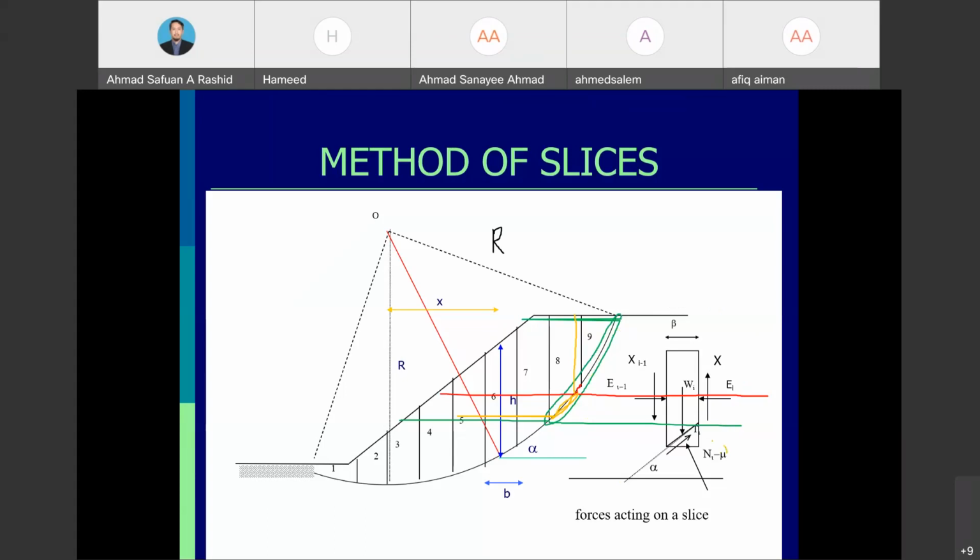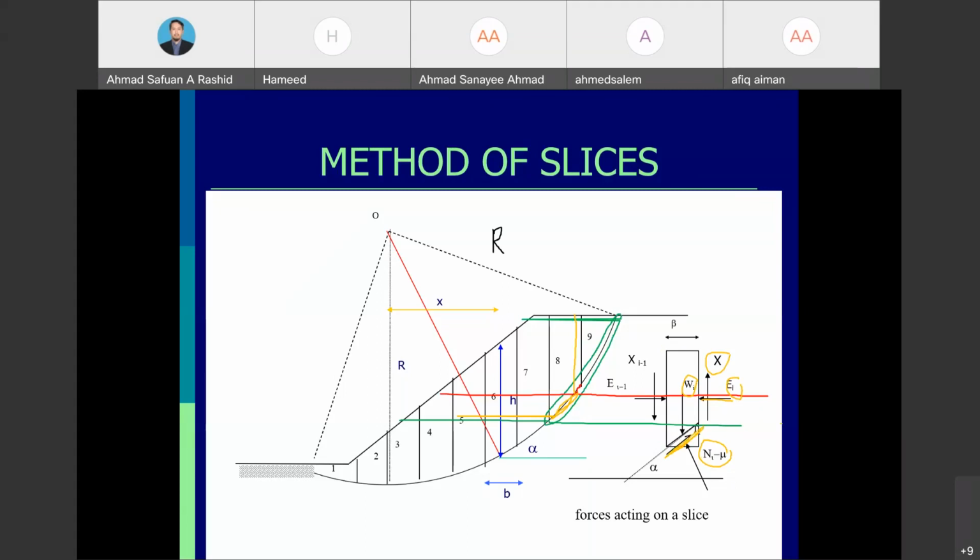We have a normal stress acting at the bottom, and also a normal side stress on the slice. It also has a vertical side stress on the slice, which is X. This is the E, this is the weight of the slice, and it also has the T, to represent the resisting force.